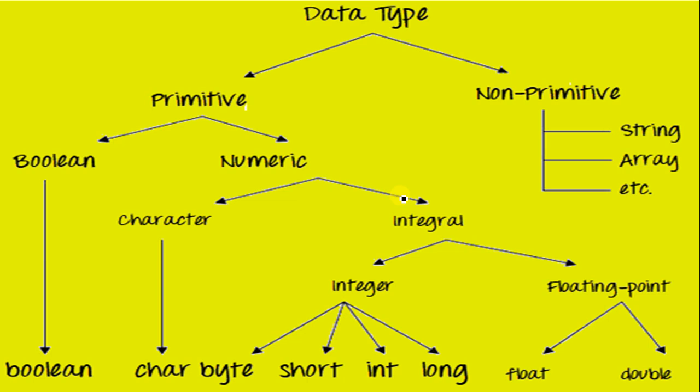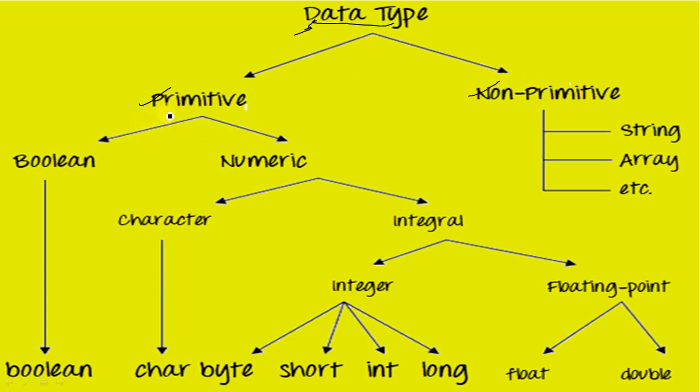So here is a whole chart to define a data type. Data types are categorized in two forms. This data type is divided in two: one is primitive, and the second one is non-primitive.